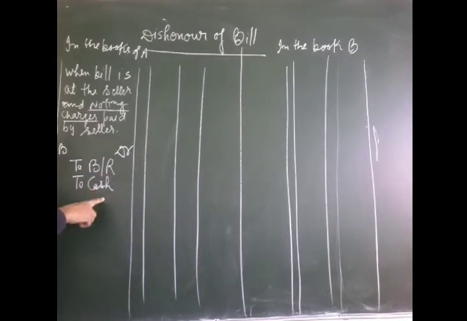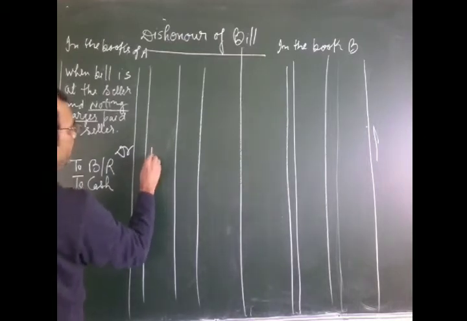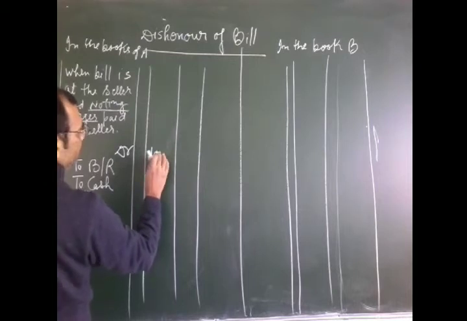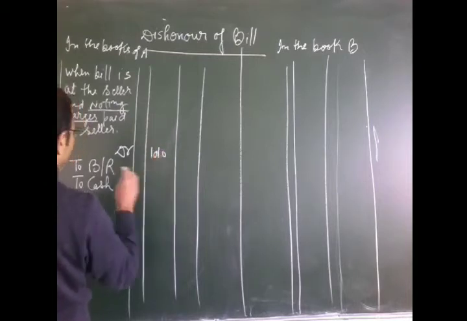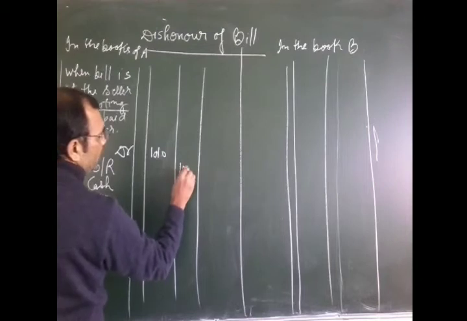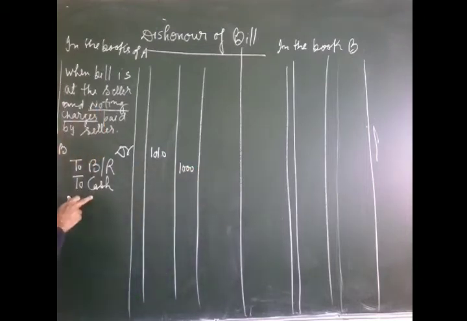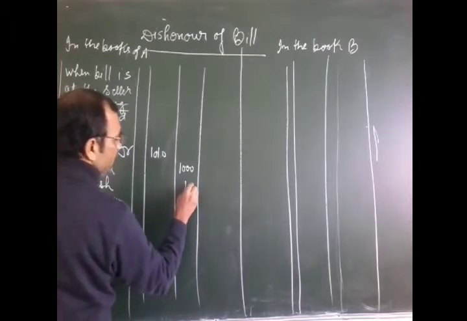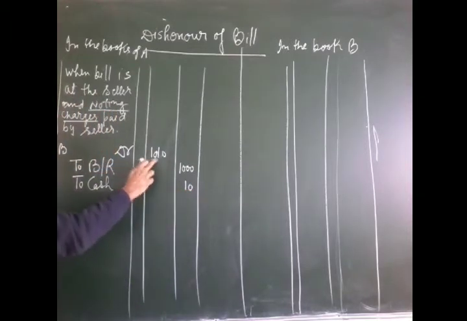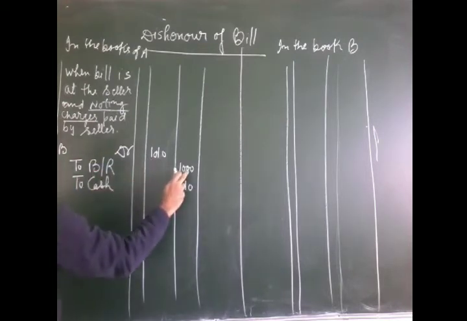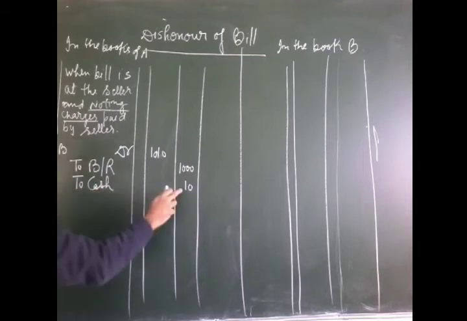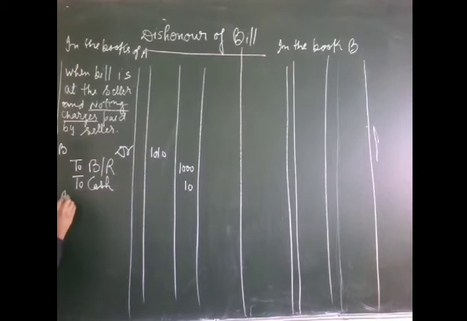Cash is for noting charges. Suppose the amount of the bill is 1000 and the amount of legal expenses or noting charges is 10. So we will write here 1010, and in front of the BR the amount will come 1000, and noting charges would be 10.